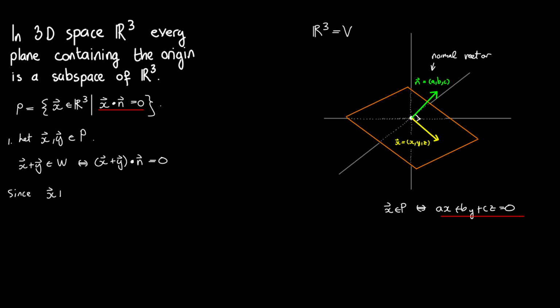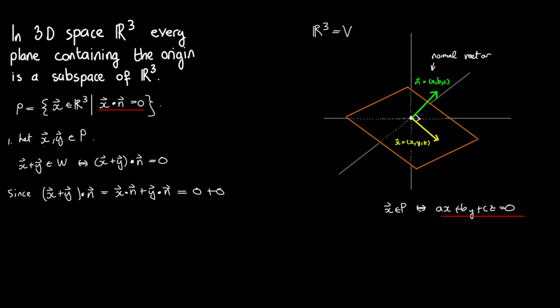All right, but since x plus y dot n is just equal to x dot n plus y dot n, what are we getting here? Well, we're getting that this is just going to equal 0 plus 0. And why is that?